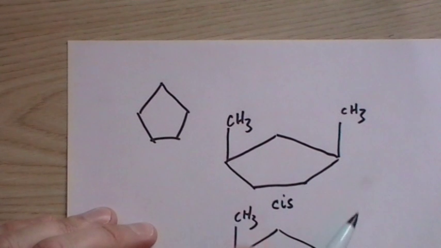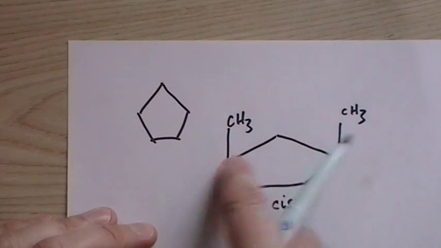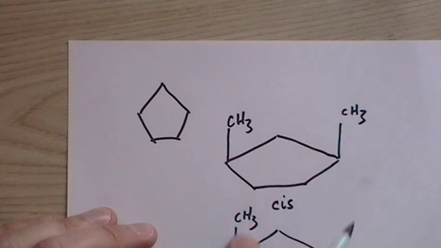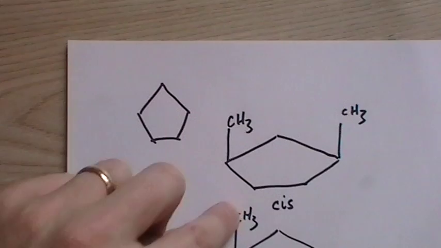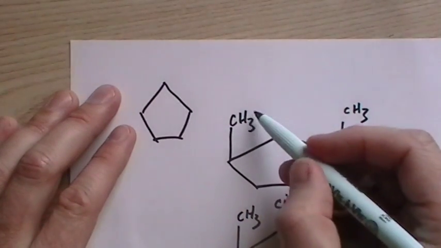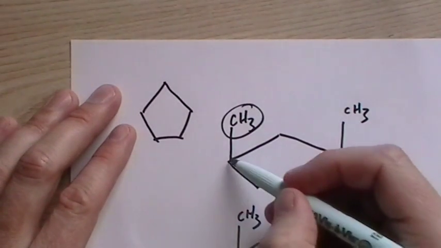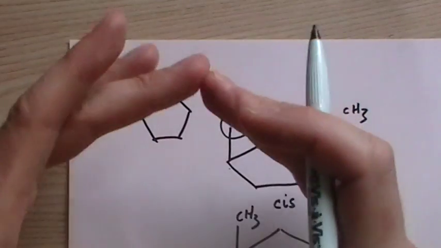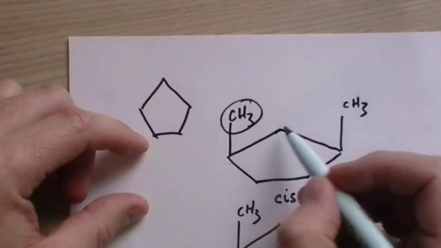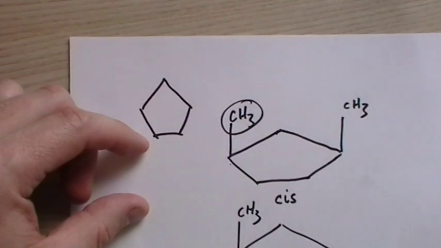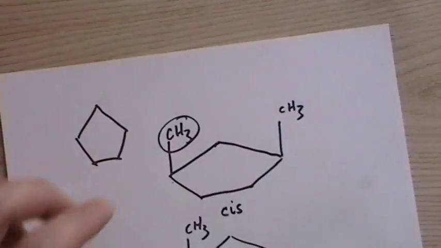Here you have a candle holder above and then the leg of the table below. So the candles are right next to each other. This candle is above and the leg is below. And you can see the only way to get this substituent down is to break a bond. It's locked into place with this ring. So these rings allow us this, and this is called trans, meaning across.